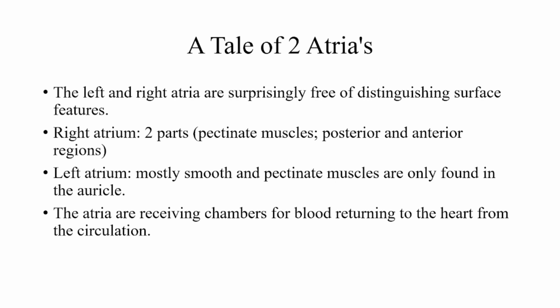These pectinate muscles basically have both a posterior and an anterior region. The left atrium is mostly smooth, and the pectinate muscles are only found in the auricle. The atria are the receiving chambers for blood that's returning to the heart from the circulation.